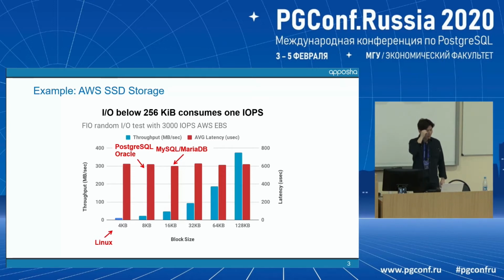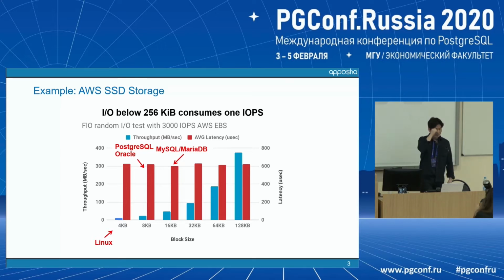So let's take a look at how AWS storage works as an example. This graph shows storage throughput and latency as the I/O request size increases.